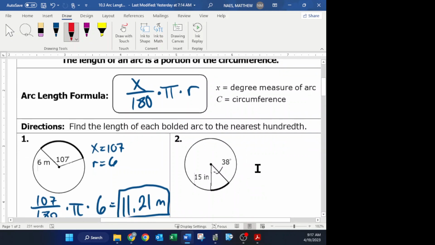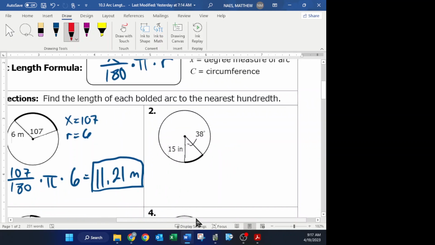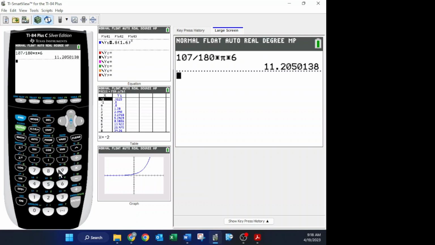All right. So, same concept. Our x is 38. Our radius is 15. So 38 over 180 times pi times the radius 15. And if you plug that in your calculator, you will get, let's see here, 38 divided by 180 times pi times 15.